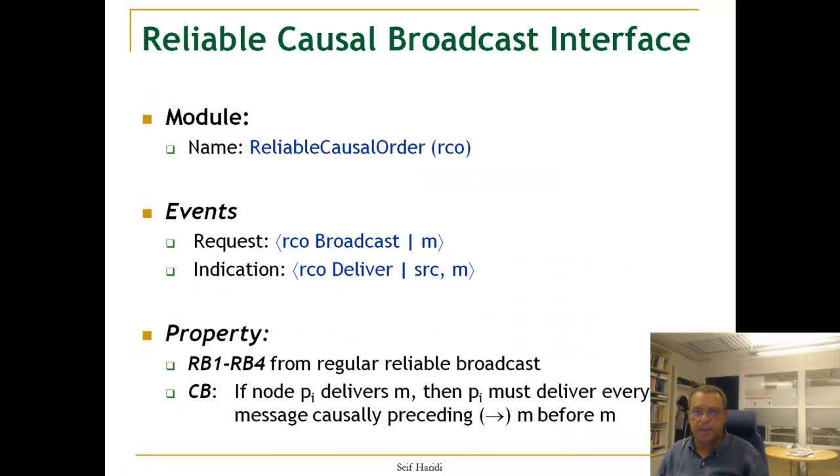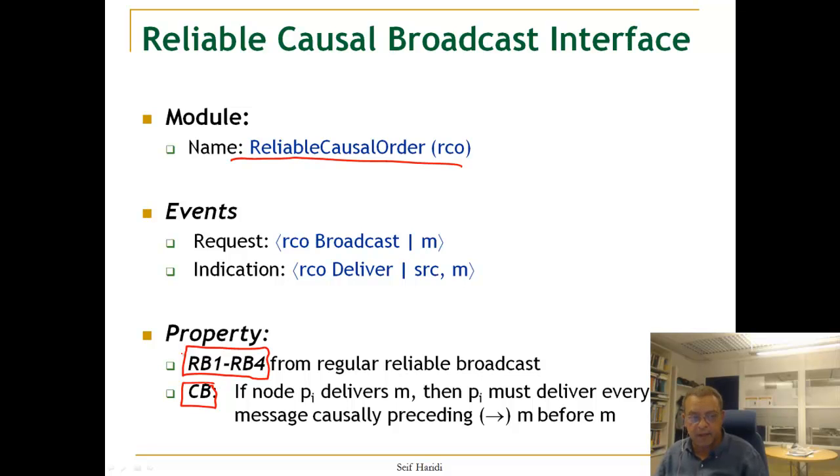So here is the specification of the module, reliable causal order broadcast. In this specification, we use CB, but CB is not enough. We are also using the properties of a reliable broadcast: the validity, the no creation, no duplication, and the agreement.